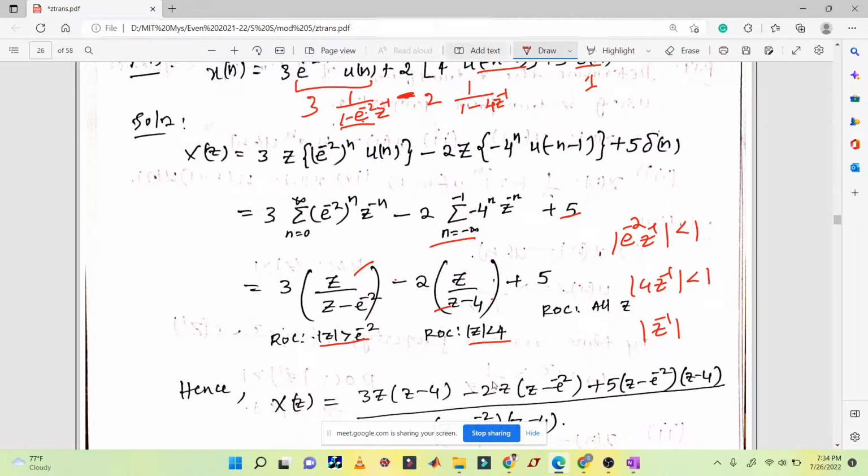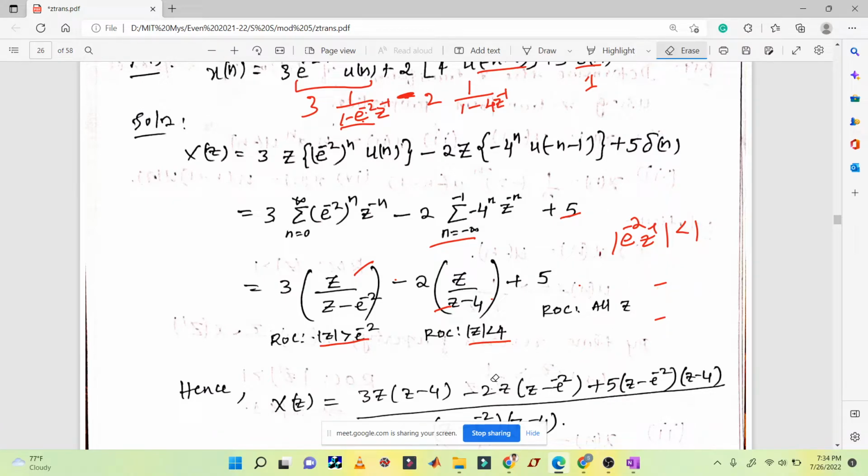Let me take the first one only and solve it. e to the power minus 2 divided by z less than 1, so the magnitude of e to the power minus 2 is less than z. So z is greater than e to the power minus 2.